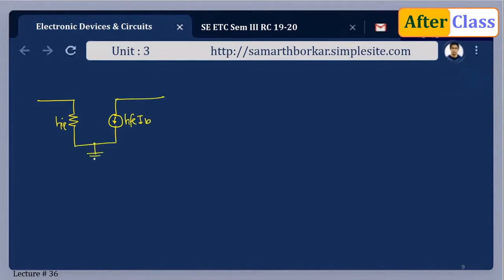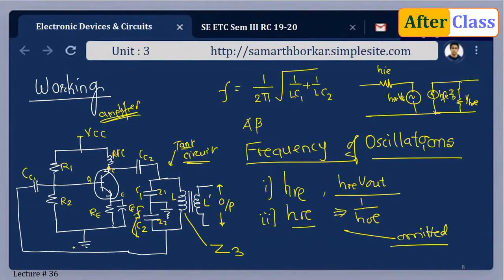Emitter is connected to ground. Okay, try to understand this. Emitter is connected to ground, and when we draw the AC equivalent circuit, all the DC voltages are connected to ground and all the capacitors are shorted. Fine. So CC2 and CC1 will not appear in the picture, but then we are carrying out the analysis here, so we have to retain C1 and C2. So instead of C1 and C2, we are using the terms Z1, Z2 and Z3, so that we get a generalized expression.